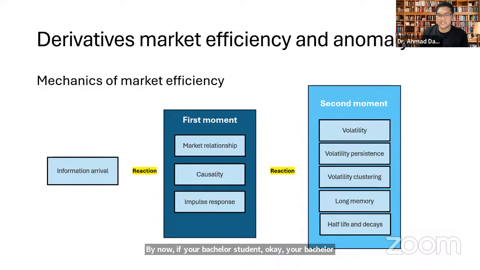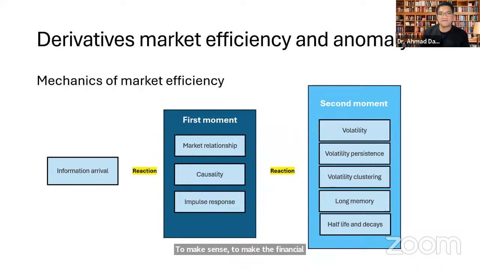And if you are a statistics student, I believe you are very familiar with the first moment and second moment. The first moment is the mean. The second moment is the variance. We are borrowing the statistics knowledge to make financial sense of the market.